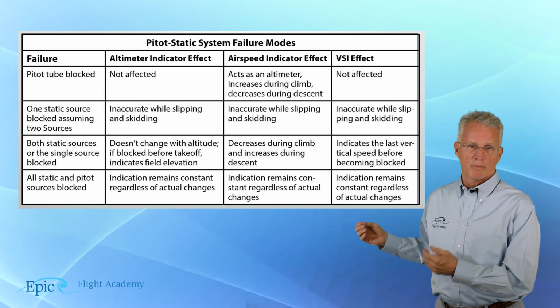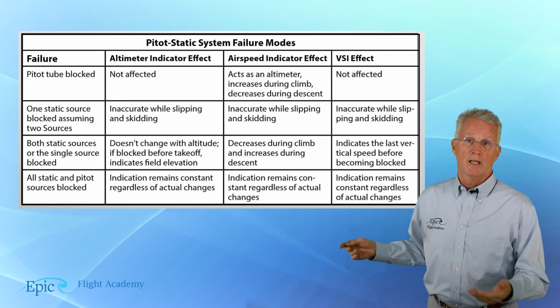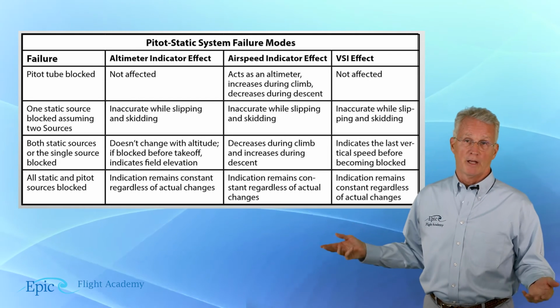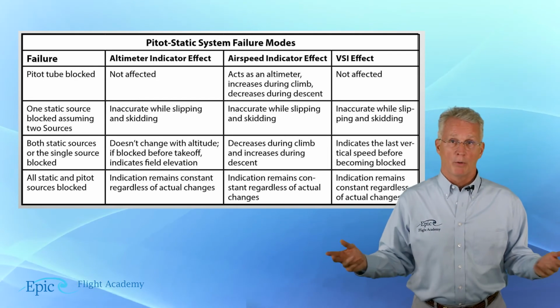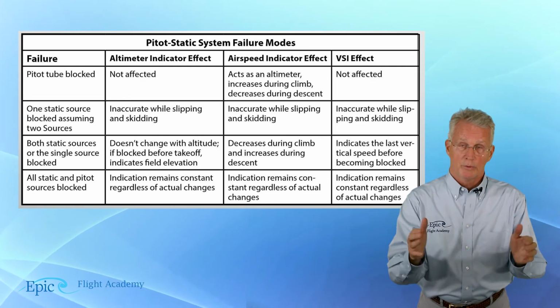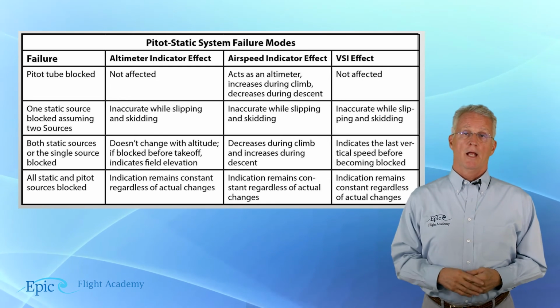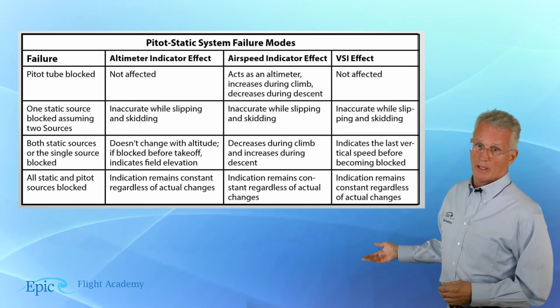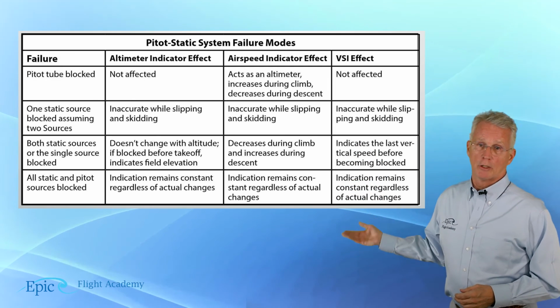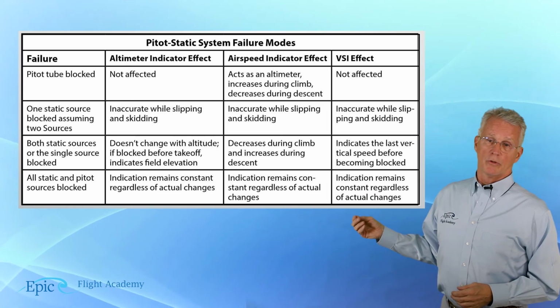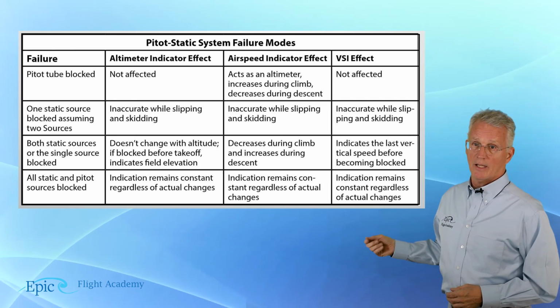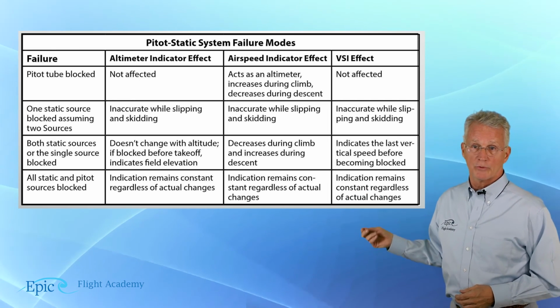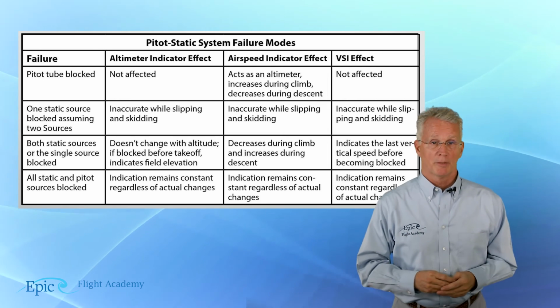If it blocked off before takeoff, it's going to indicate field elevation throughout the flight. Or if both of them blocked off in flight, it would just lock in at that altitude and just indicate that altitude. The airspeed indicator would decrease during a climb and increase during a descent. The VSI indicates the last vertical speed before becoming blocked.